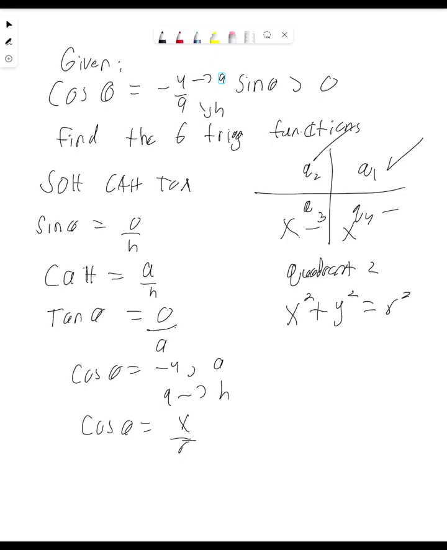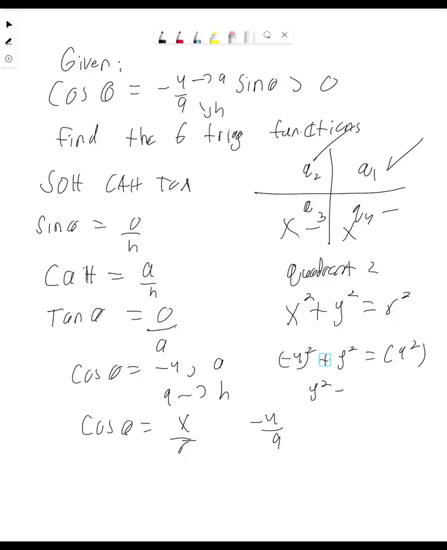Either way, you can do a triangle or you can do this. The hypotenuse is the same as the r and the a is the same value as the x. So we can do -4 divided by 9. So we can plug in -4 for x.